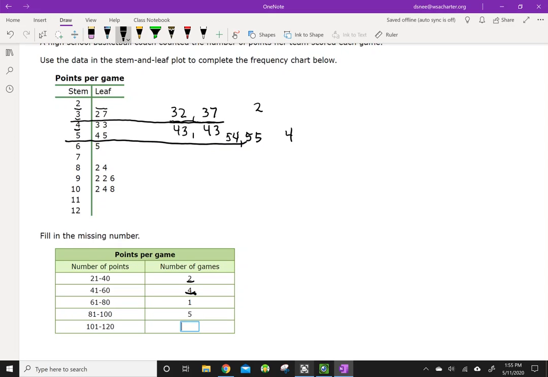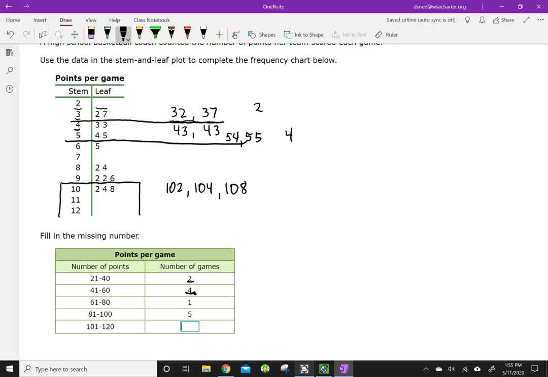What we're trying to find is how many games had a total points of 101 to 120. So that's going to be all of those values below that line. So I've got one game that was 102 and one that was 104 and one that was 108.